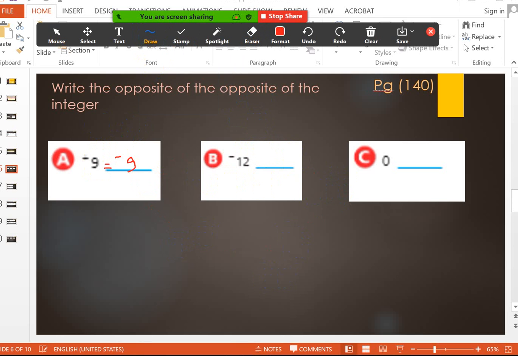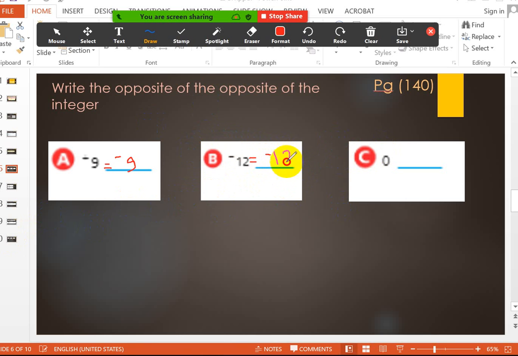Now, what about the opposite of the opposite of -12? Yes, Farah. What's the answer? It's negative 12, the same.